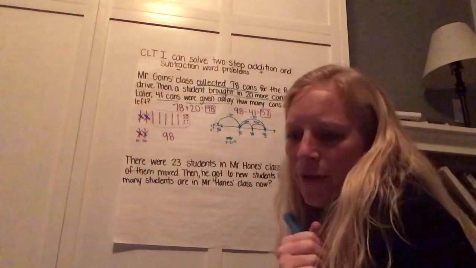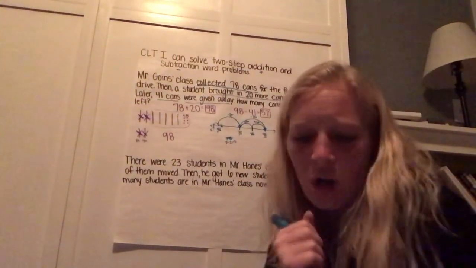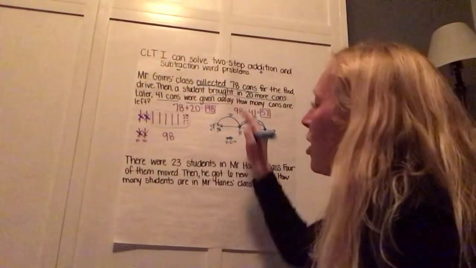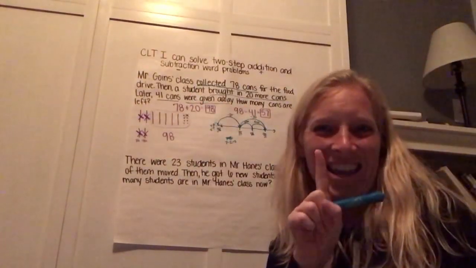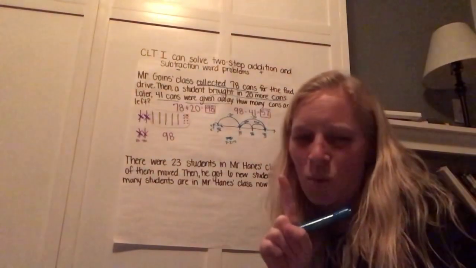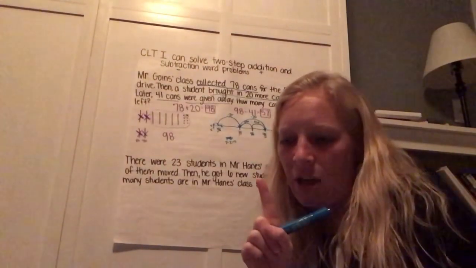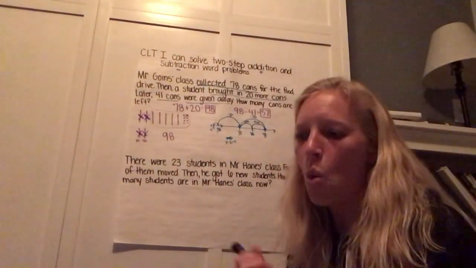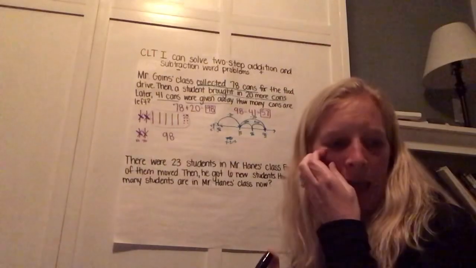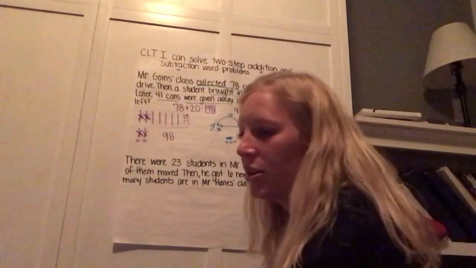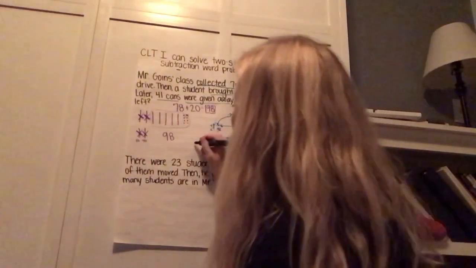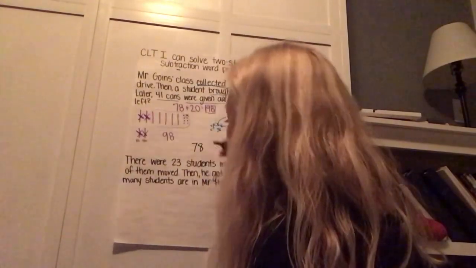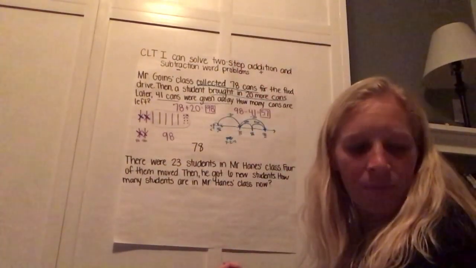So I have a challenge for you all. If we were going to take this 2-step problem and write it just in one equation, what would it look like? Where would I start? 78. Okay, what did I do first?